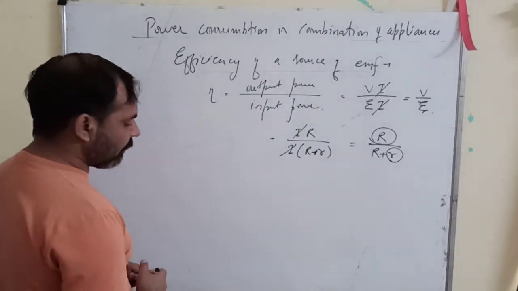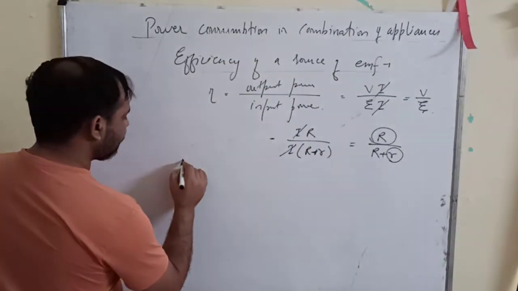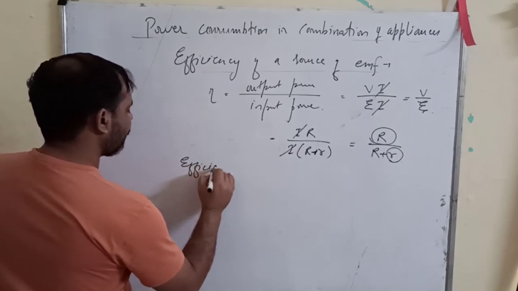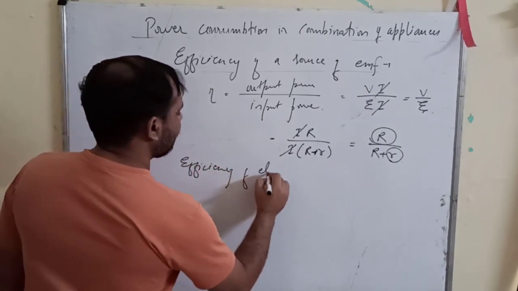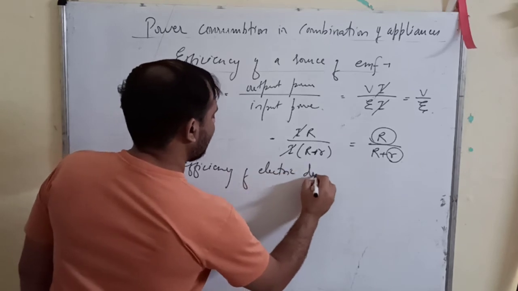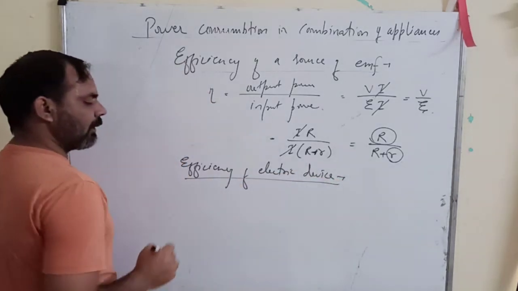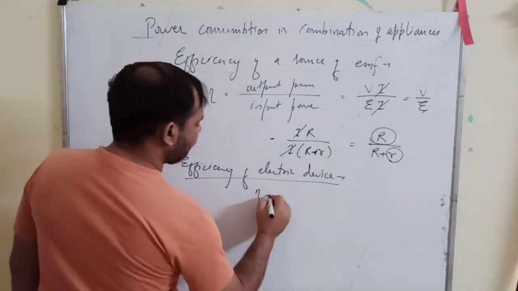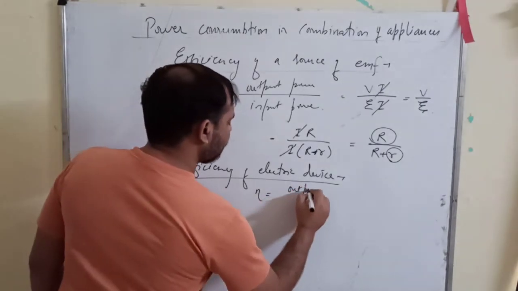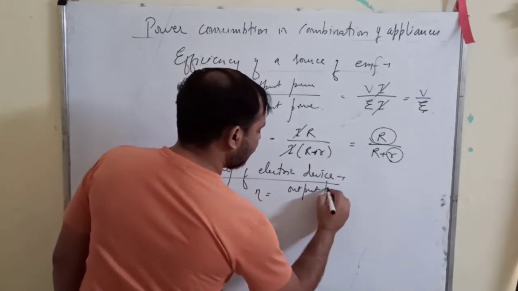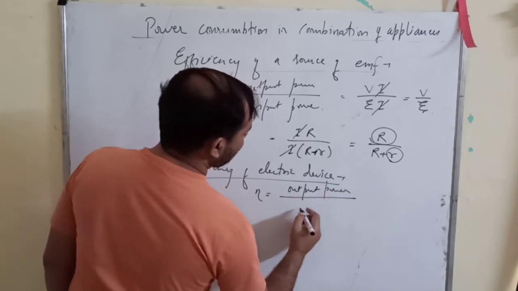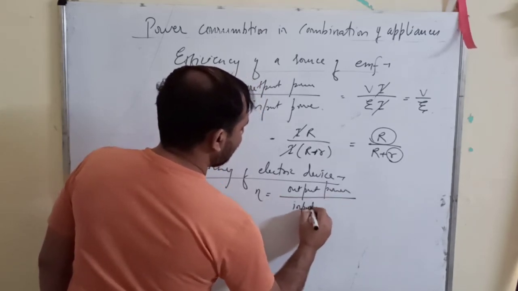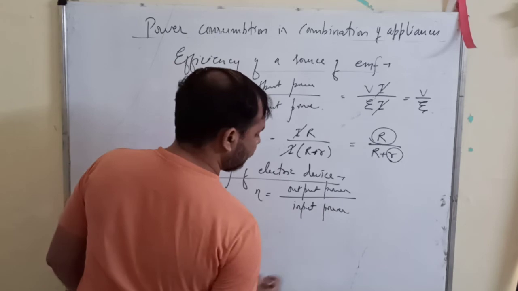Now efficiency of an electric device. For an electric device, efficiency has the same formula, output power upon input power.